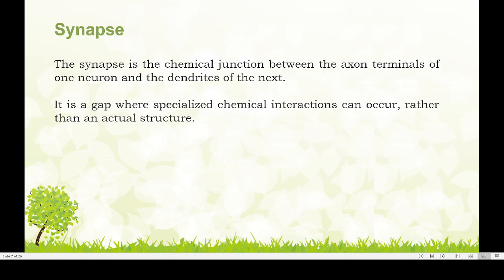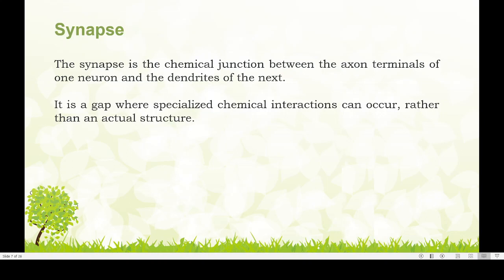So that is the function of the synapse, and it is considered a chemical junction because there is no physical connection. There will be a gap between these two neurons, and that gap will be filled with a chemical, acetylcholine, also known as a neurotransmitter. So when a message reaches this end, it will go into what is called the synaptic gap.